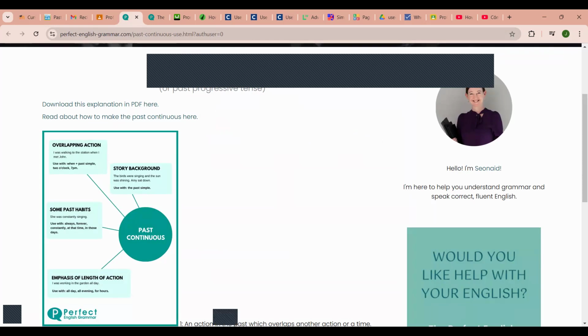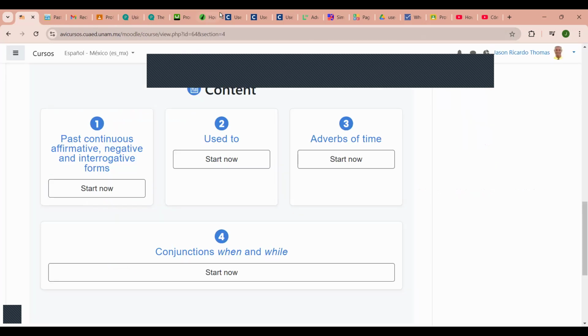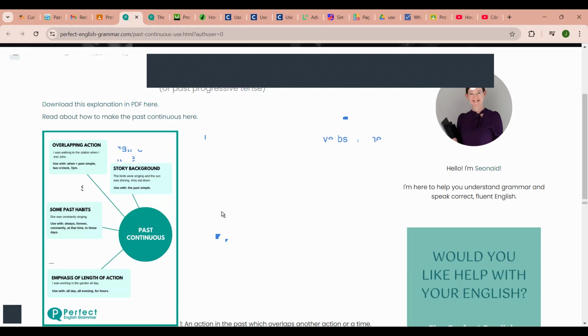Let's start off with the first little snapshot. When you think of the past continuous, this first section, what you want to zone in on is, one, it's continuous. So it's an ing, a progressive form of the past. There will be events overlapping each other.